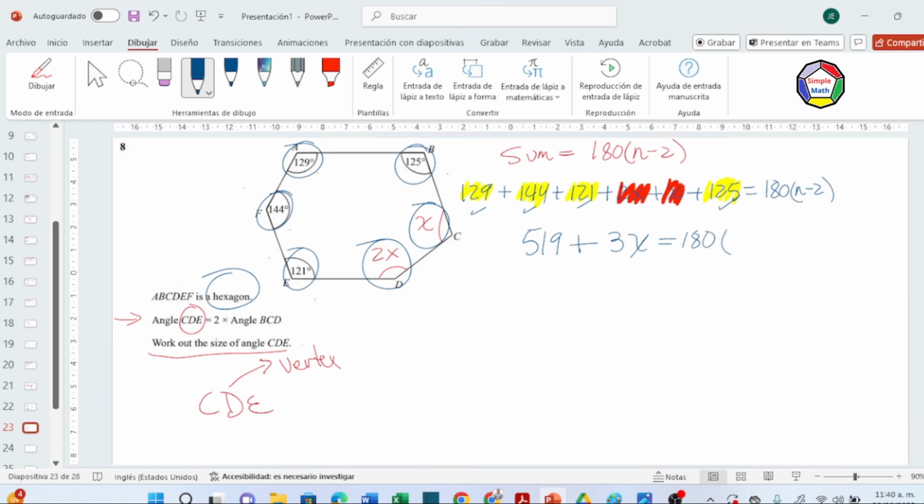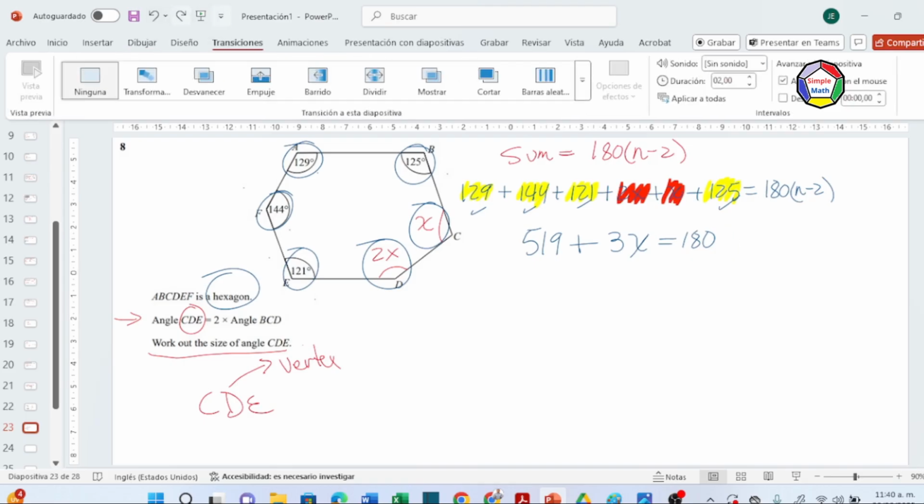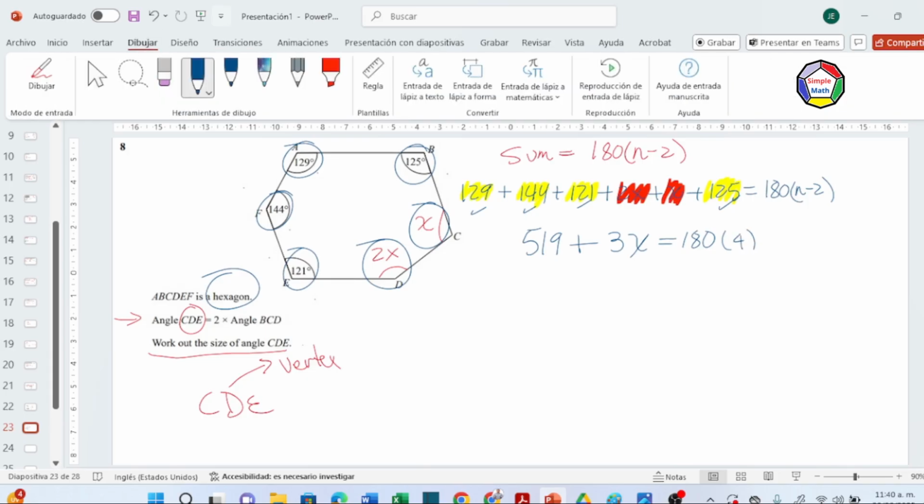Why 4? Because n is 6, and 6 minus 2 is 4. So in other words, I'm going to multiply 180 times 4.